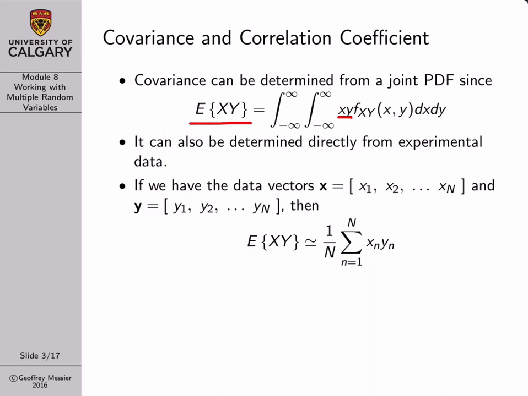It also, if you're working with experimental data, can be determined directly from the data. So if we have a data vector x, a data vector y, then the expected value of x times y is just the average of the product of the individual data samples.